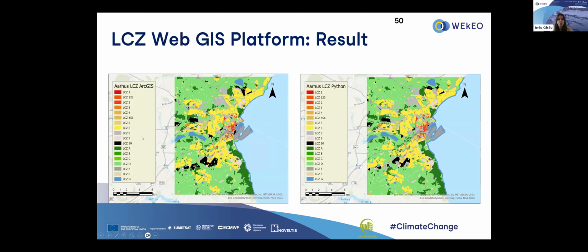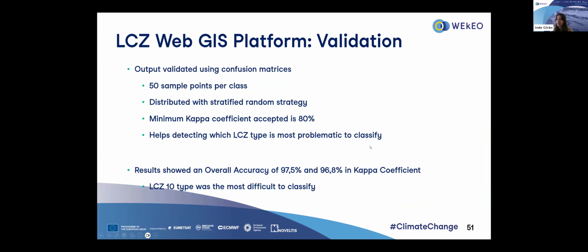Here is just an example of a classification done manually in ArcGIS and on our automatic platform. You see no major differences. So we were able to quickly solve it and automate the LCZ classifications. And also this was, of course, validated.